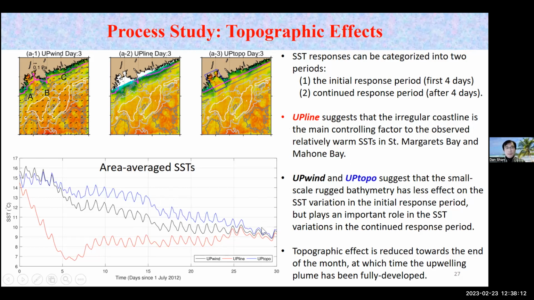By the end of 30 days, the three lines actually converge to a relatively similar temperature. This indicates that when the upwelling plume is fully developed, the topographic effect is reduced toward the end of this month-long simulation.